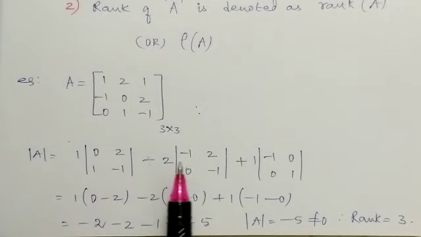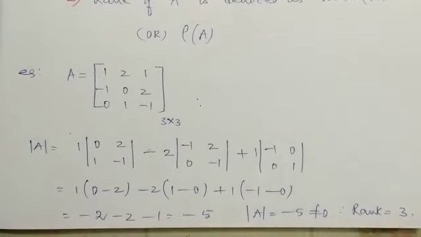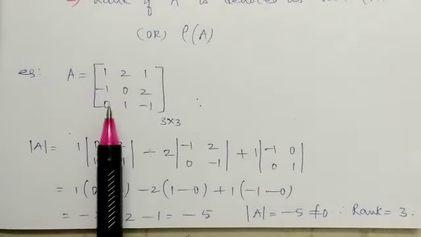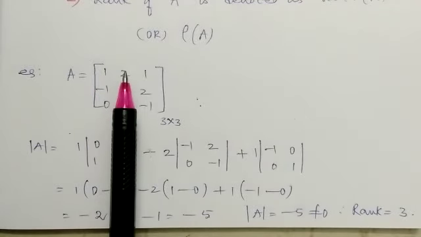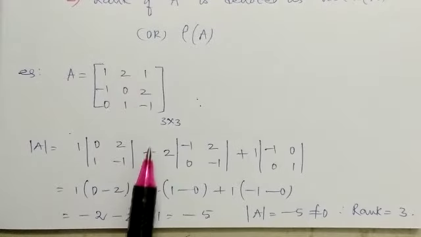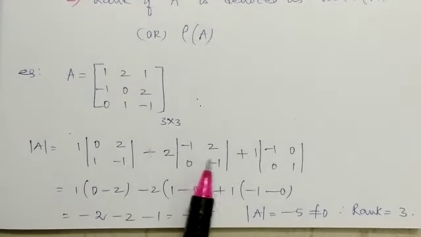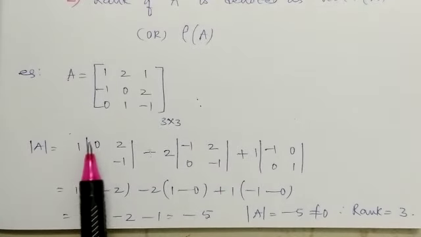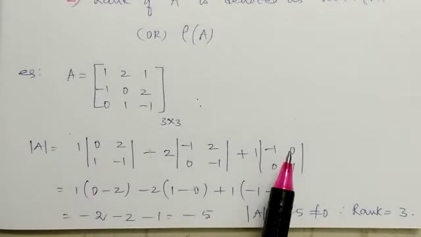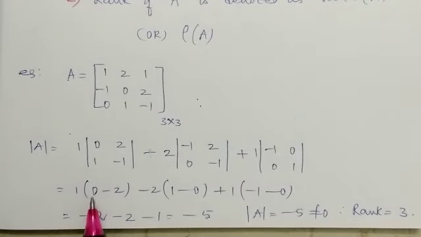According to that, I found the det. 1 into remove row and column, 4 elements. For the middle element, change its symbol, so minus 2. Again remove row and column, 4 elements left, plus 1. In that procedure, I explained earlier how to find det. According to that procedure, det value is minus 5.